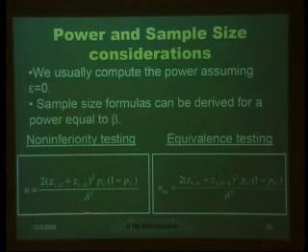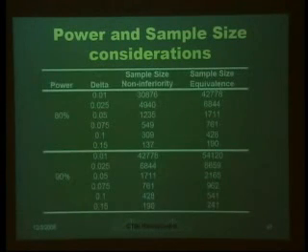So I have here the formulas for non-inferiority testing and the formulas for equivalence testing. And of course, for now, just don't worry about the formulas. I just want to show you that there are formulas and we can compute. And here I computed some sample sizes for different values of delta, my equivalence or non-inferiority margins, and different values of the power.